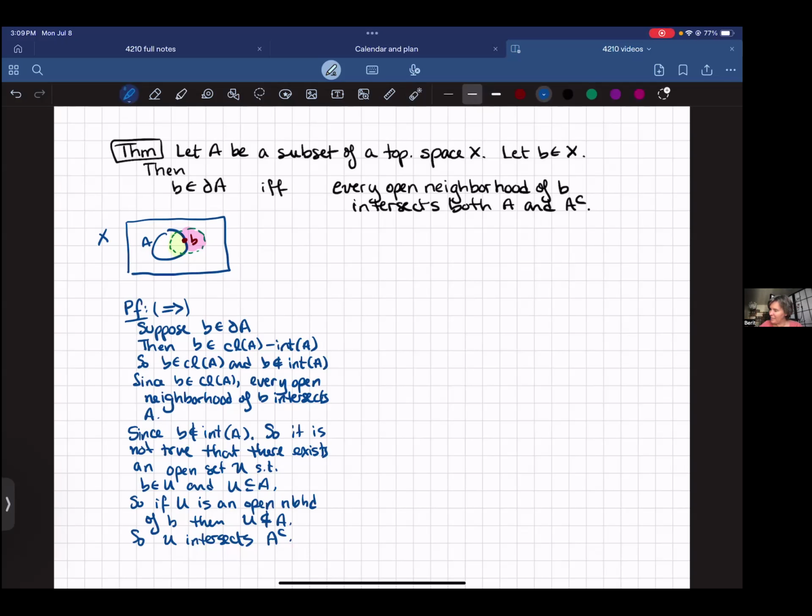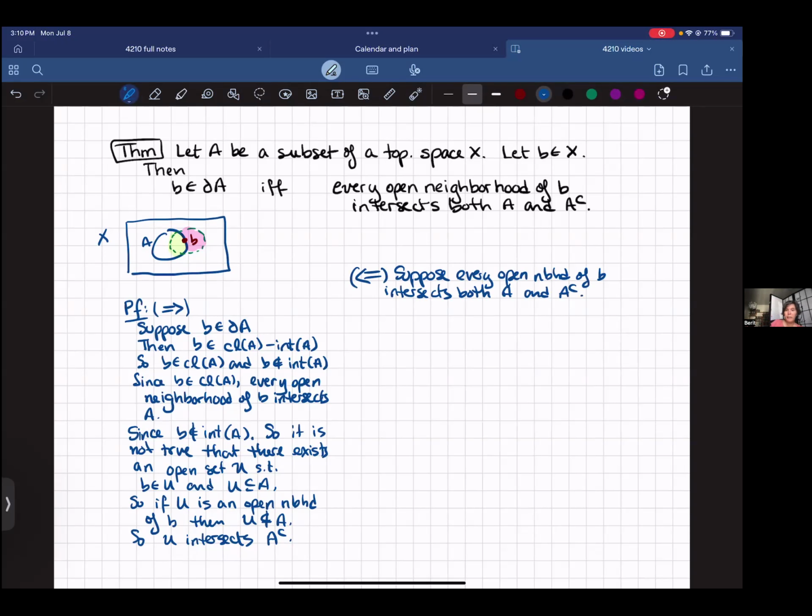All right, so now let's go the other way. Suppose, it's really kind of the same thing, every open neighborhood of B intersects both A and A complement.